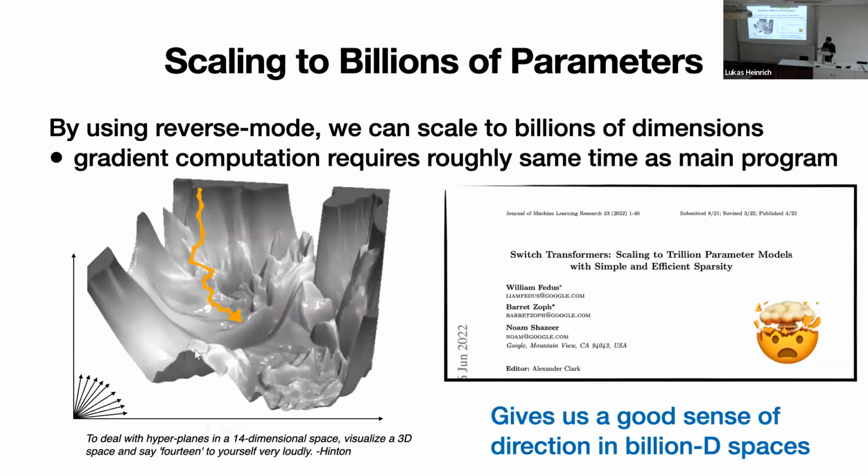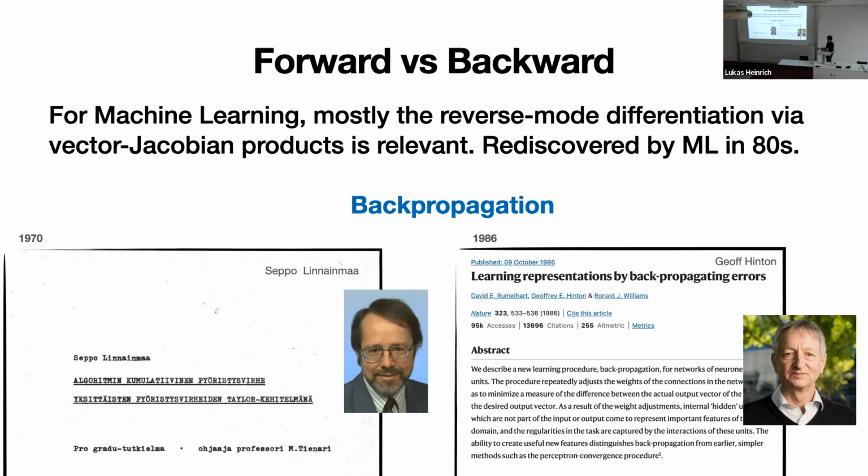And so the only thing that machine learning as a community found is reverse mode differentiation, which they call backpropagation. This is one of the seminal papers from Geoff Hinton that really enabled us to train deep neural networks. They had a paper in the 80s called Learning Representations by Backpropagating Errors.